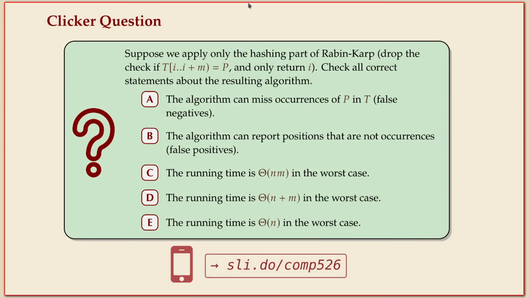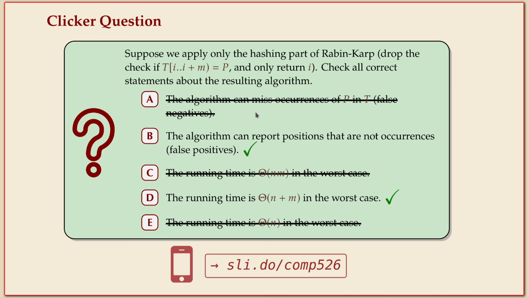So to quickly cover this, we're talking about Rabin-Karp without the extra check. We just rely on the hashes. The algorithm never misses an occurrence, because if there is a mismatch at a position, the only thing that can happen is that the hash is equal to the pattern hash, but there's no occurrence.